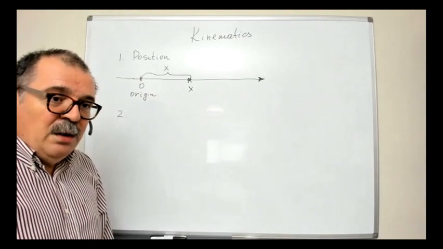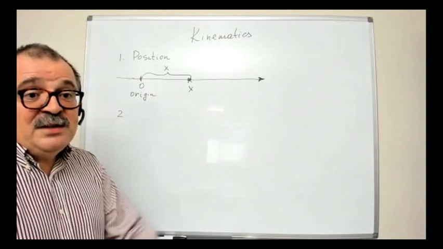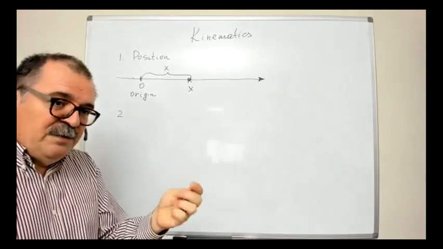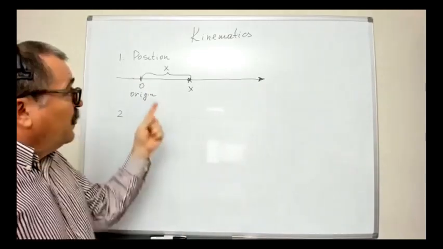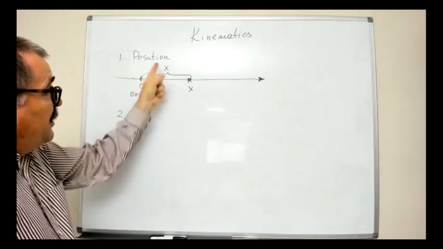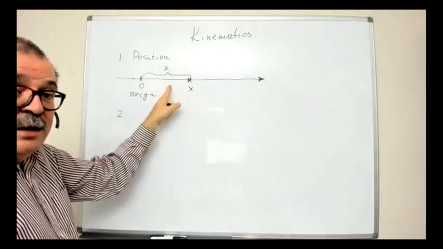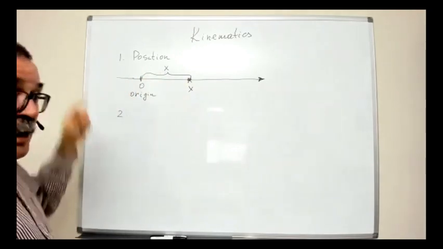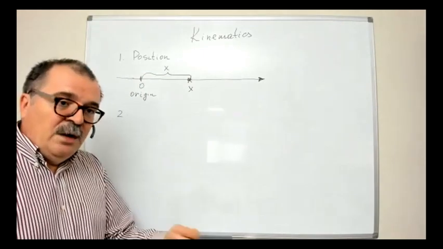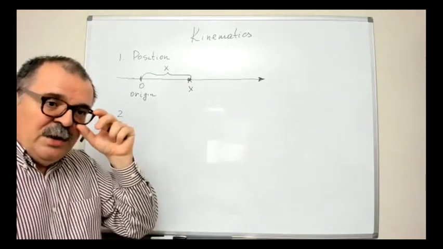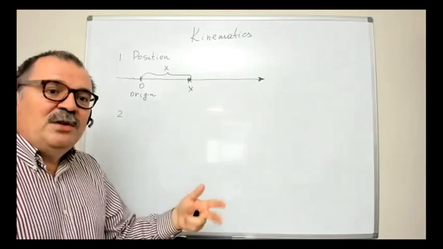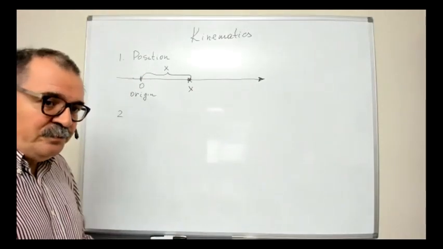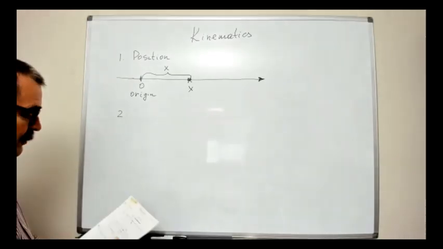So it's not a simple distance, because distance is a number which is always positive. But the difference between position and distance is that position can be positive, like in this example, or if the object is located to the left of 0, that position will be negative. So when you're operating with position, you can add and subtract positions, but you will operate with positive and negative numbers. Okay, thank you, Professor. Mm-hmm.